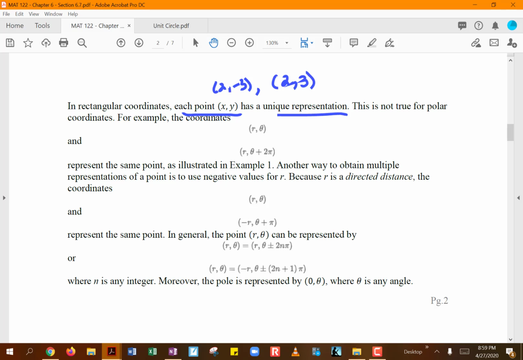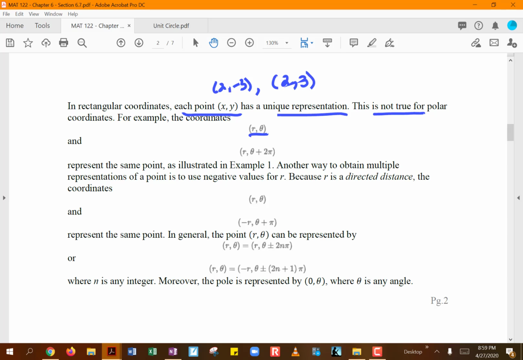However, when it comes to polar coordinates, that is not true. Because remember how with our angles over here, you can have coterminal angles, right? Which have the same initial and terminal side, but depending on how many circles you make around it, you can come up with different measurements for that same angle.